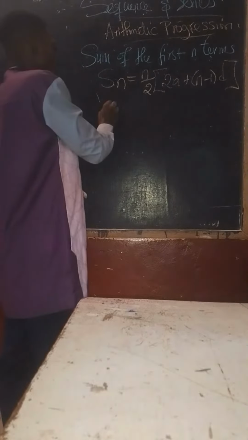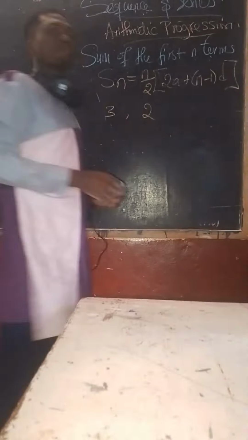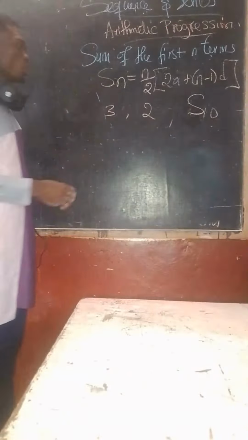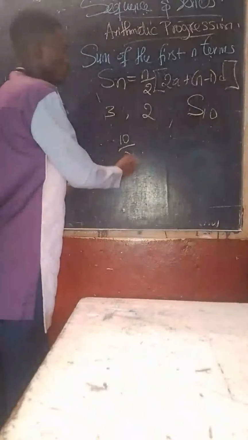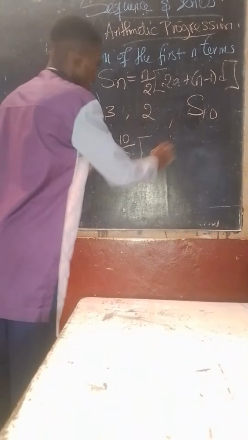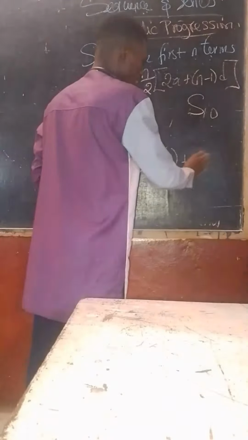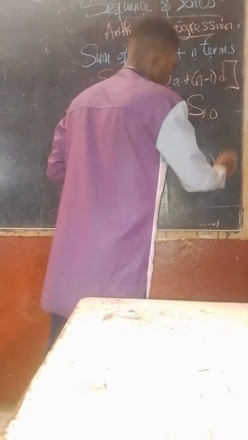If the first term is 3, the common difference is 2, and they want the sum of the first 10 terms, that's S10, you simply do n on 2, which is 10 on 2, times 2a plus n, which is 10, minus 1, then times d, and your d is 2.